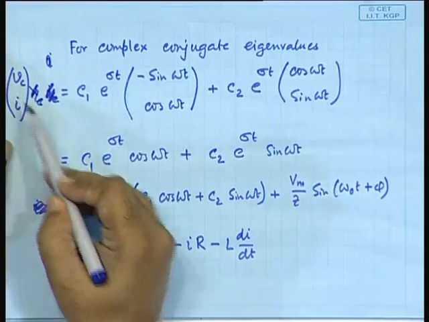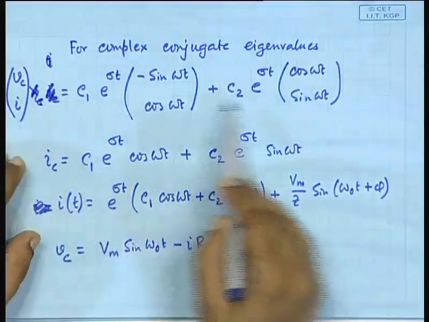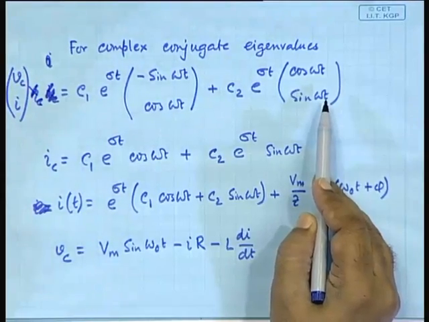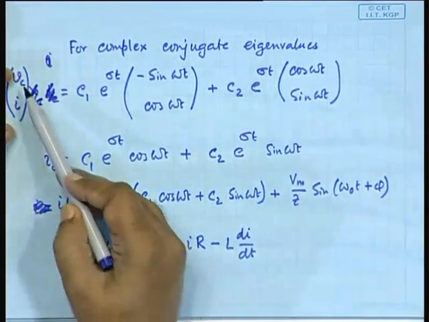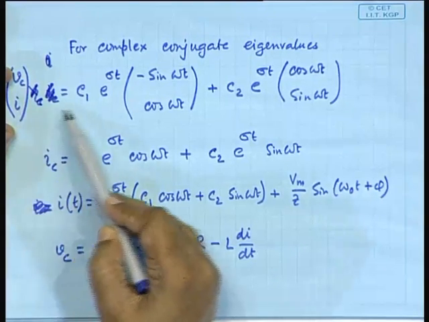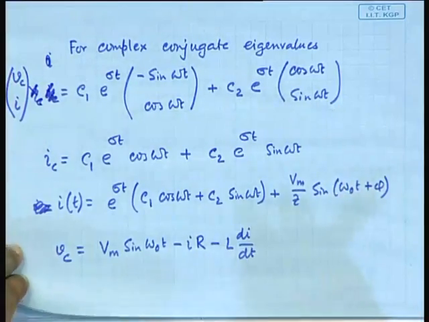X and its complementary part, x as a vector. Here we are writing its complementary function part. That is why c as a subscript. But what is that vector? It is a vector of V c and I. And that is what we have written down here. Clear?